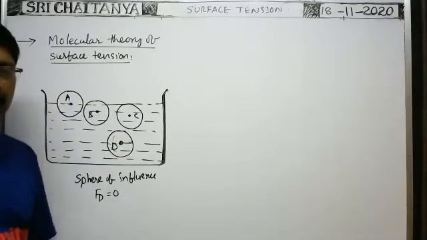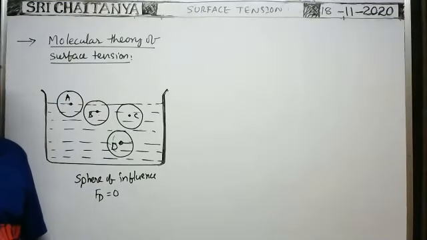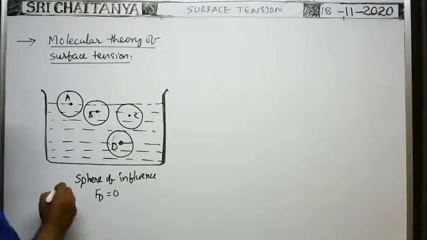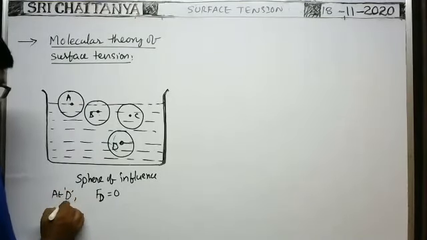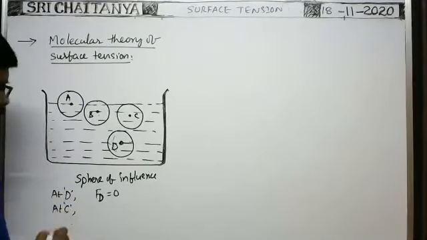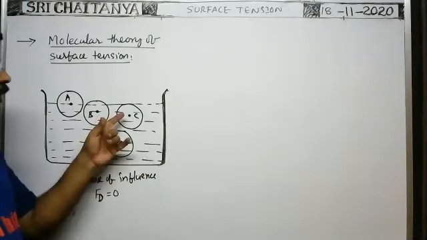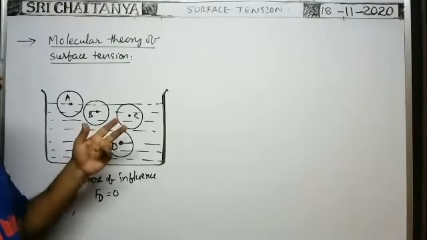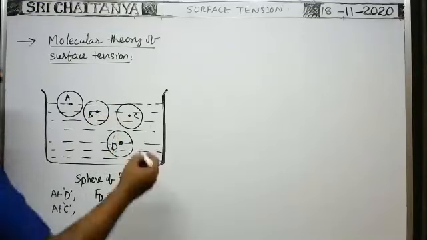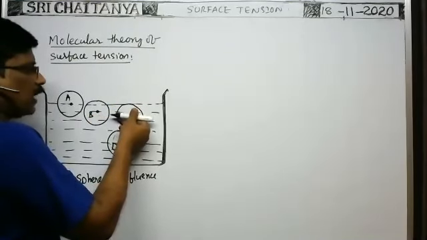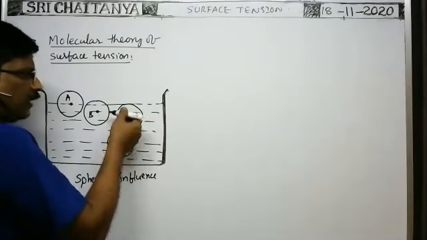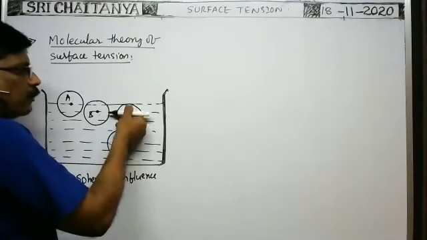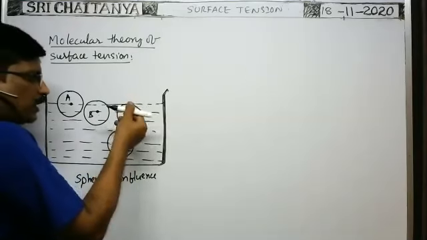Now at C, what is the net force that acts on the molecule at C? Here at C also, the number of molecules in the upper half of the sphere of influence and the number of molecules in the lower half are both the same.